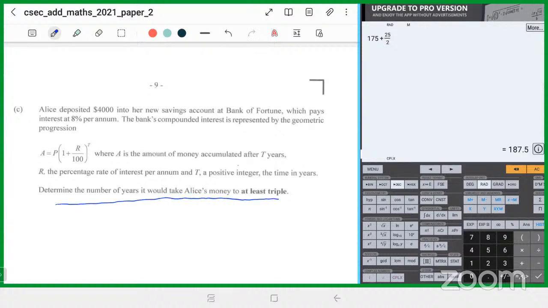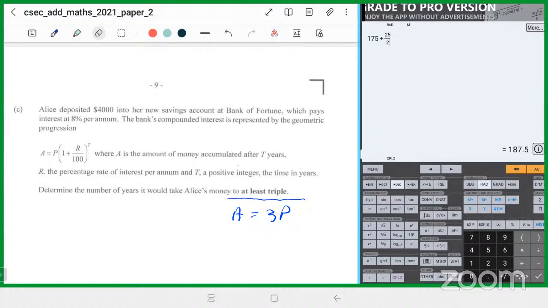Determine the number of years, T, it would take for the payment to triple. And when the payment triples, I mean that the amount is equal to 3 times the principal. The A represents the amount that is in there.